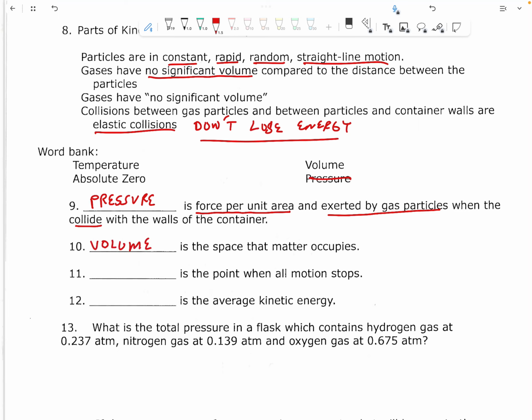Cross that one off. The point when all motion stops, that's absolute zero. Okay, absolute zero. The measure of average kinetic energy is temperature. Okay? Pretty simple. All right.